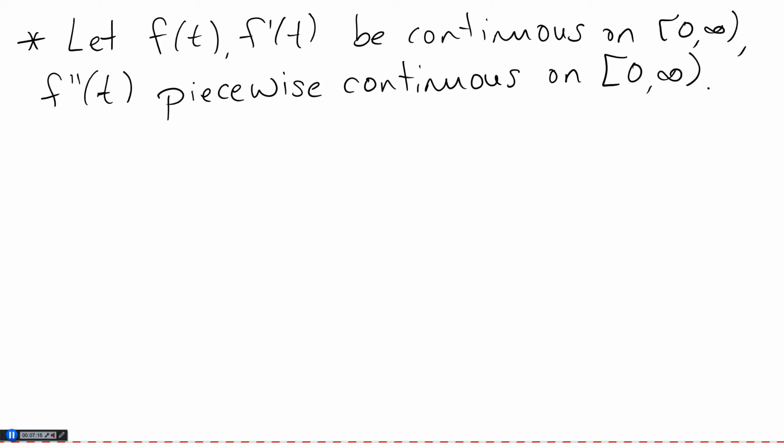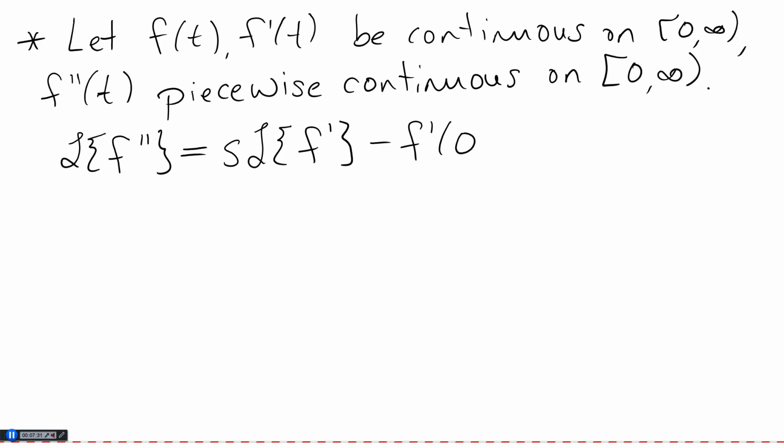So now let's extend this. So what's the Laplace transform of the second derivative? Well, if I follow the rules before, it would be s times the Laplace of f prime minus f prime at 0.